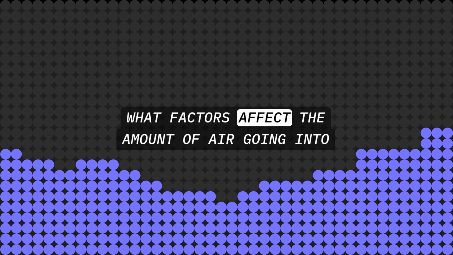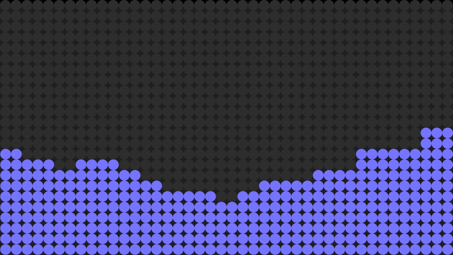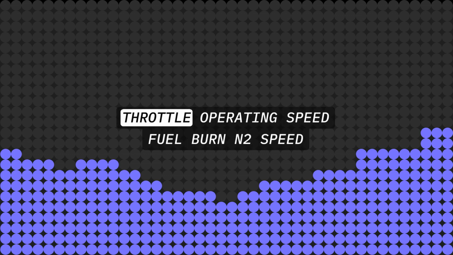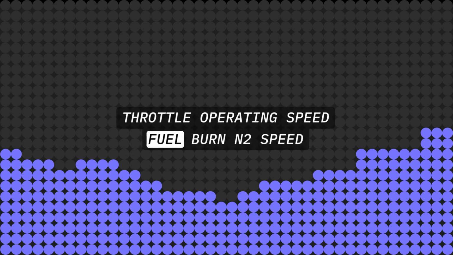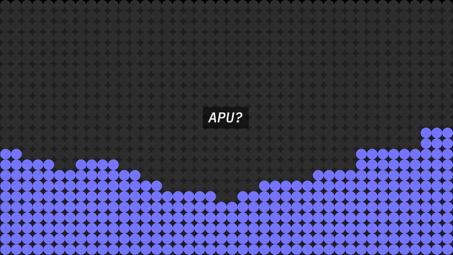What factors affect the amount of air going into a gas turbine engine? Throttle, operating speed, fuel burn, intake speed, airspeed of aircraft. What is thermoshock in an APU?